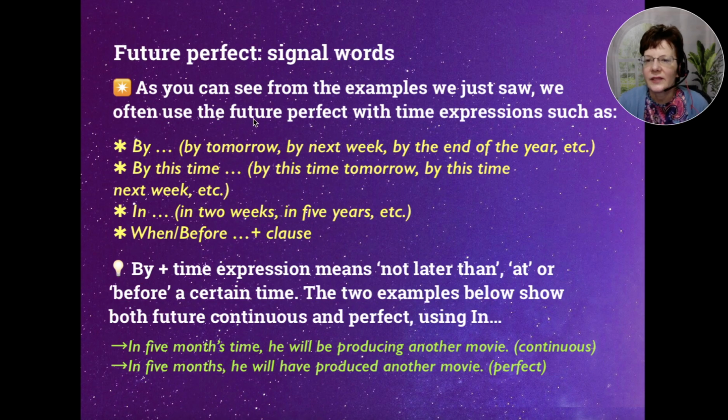All right. Now let's look at the signal words for future perfect. So as you can see from the examples we just saw, we often use the future perfect with time expressions such as by tomorrow, by next week, by the end of the year, etc. By this time, and so on, like by this time tomorrow, by this time next week, etc. And then in, like in 2 weeks, in 5 years, and so on.